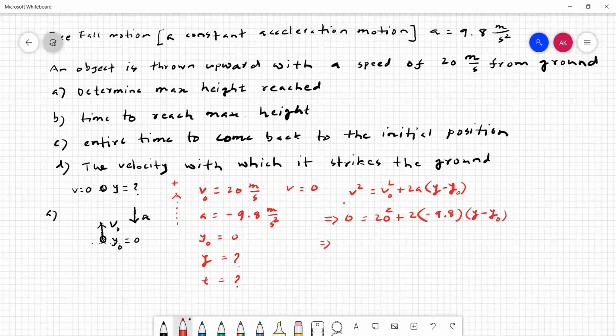So what I'm going to do is transpose 2 times negative 9.8 times (y minus y naught) to the left. So it becomes positive 19.6(y minus y naught), and on the right-hand side we have 400. To solve for y minus y naught, we have to divide everything by 19.6.